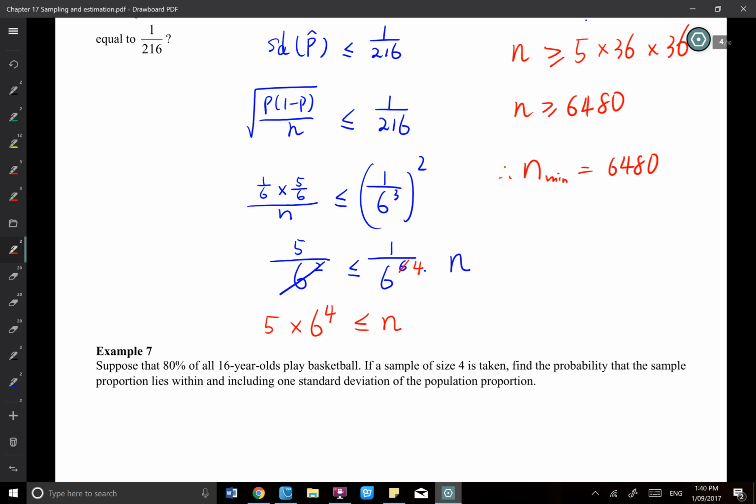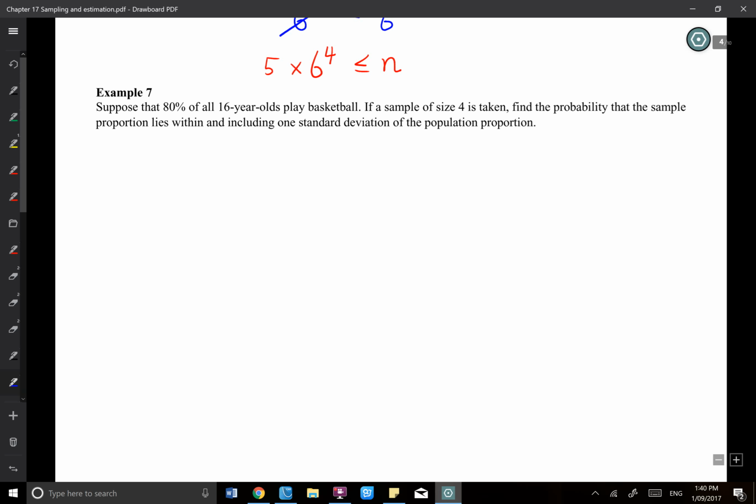Okay, question 7. Suppose that 80% of all 16 year olds play basketball. Okay, 80%. If a sample of size 4 is taken, find the probability that the sample proportion lies within and including one standard deviation of the population proportion.